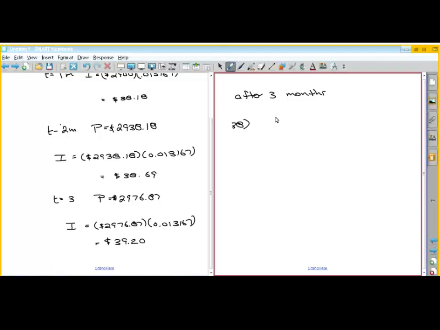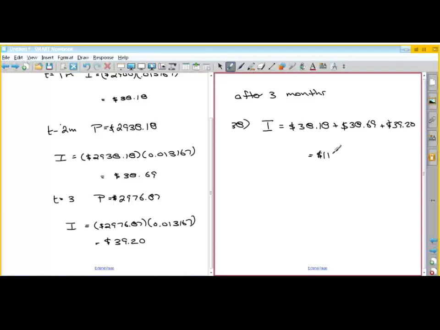Problem 38 says, how much interest do you pay? So you just add these three numbers together. The total interest is now due because you haven't paid it off in 3 months, so now you are having to pay interest. So you add those together: 38.18 plus 38.69 plus 39.20, and you get 116.07.